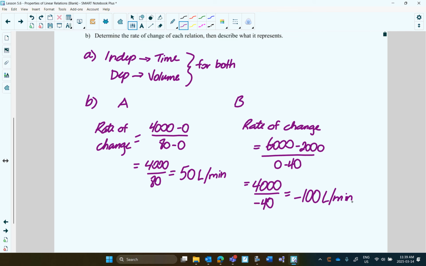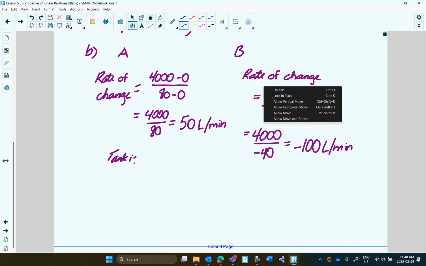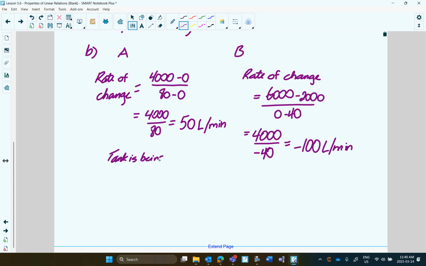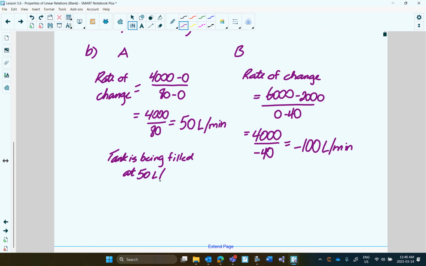So we're asked to state what each one represents. What's happening at 50 liters per minute? Right. The tank is being filled at 50 liters per minute. What's happening with the negative one?